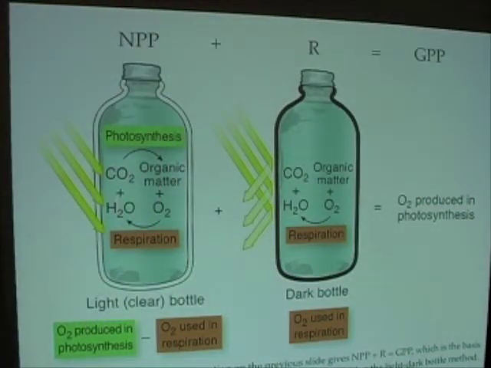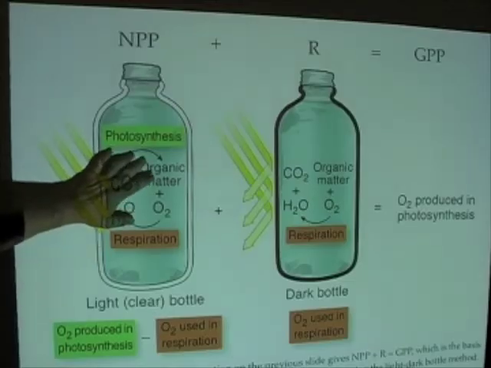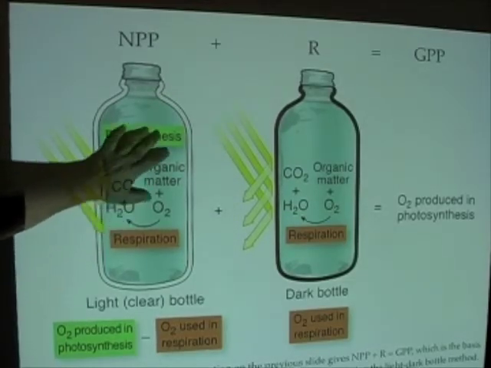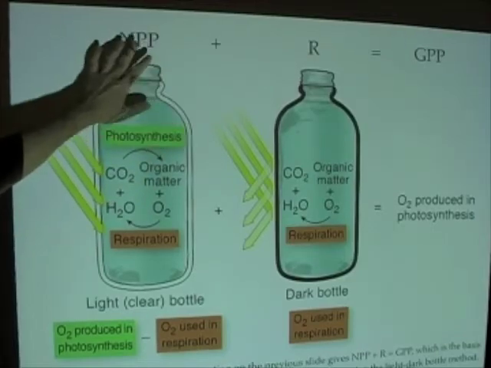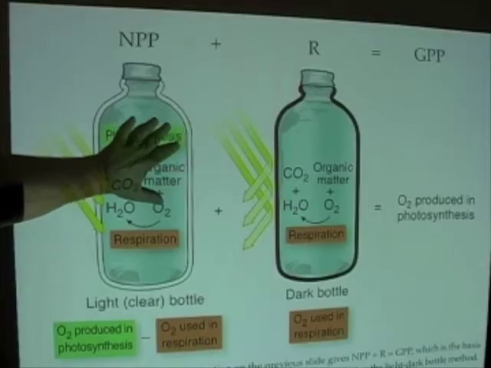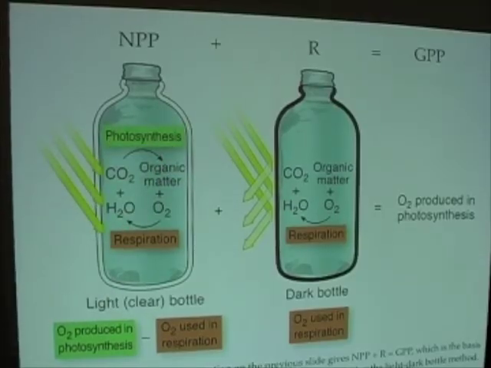What would the situation have to be so that after a certain period of time, say 24 hours, the amount of oxygen goes up? What has to be true for oxygen to rise in this bottle? Well, for this to become a positive value, respiration has to be lower than photosynthesis.